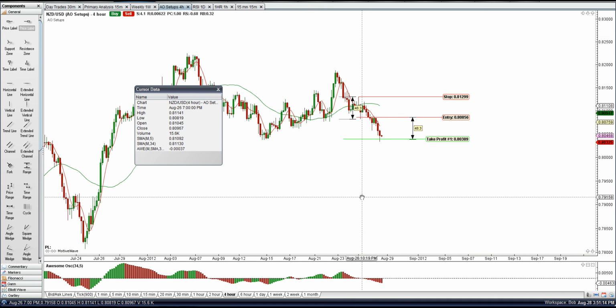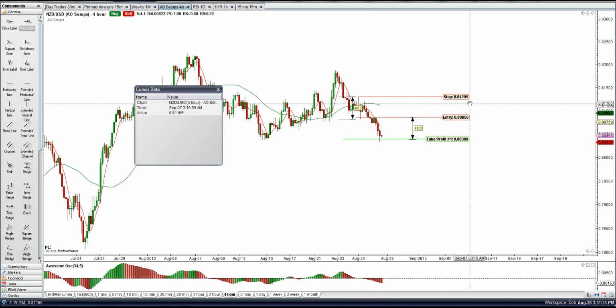New Zealand had the zero line cross. Actually, way back here, like I said, I won't take it unless it's a triple digit on most of these. So this was 0.00101 on this candle, closed below it on this candle. So there was your entry, stop 81299.